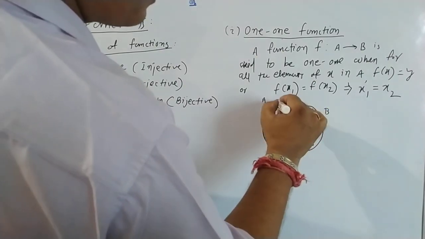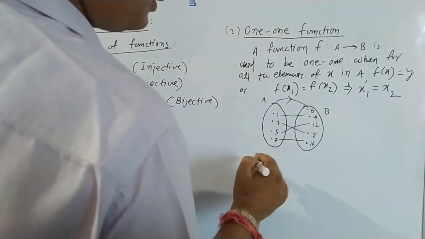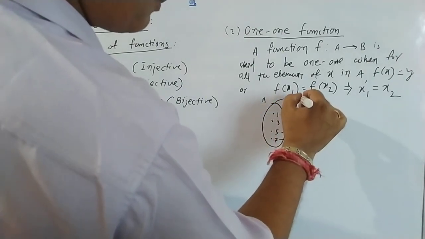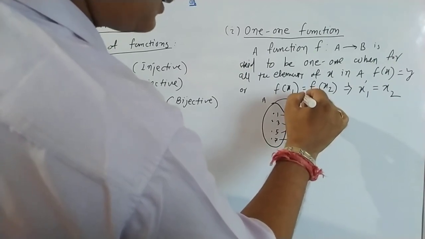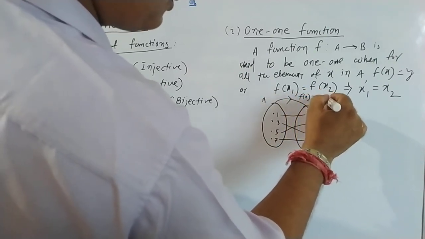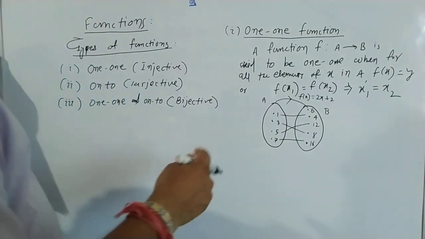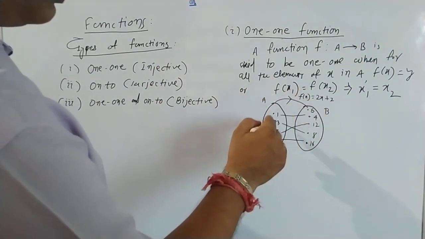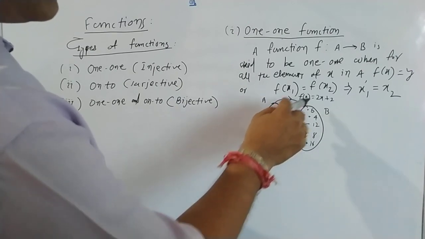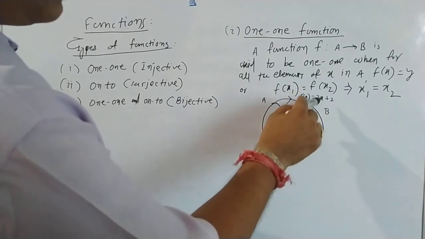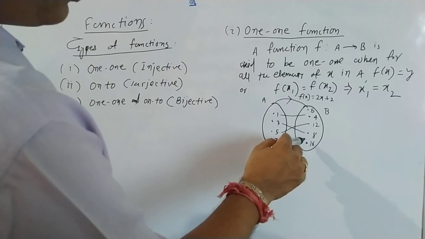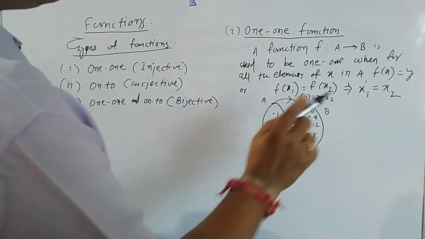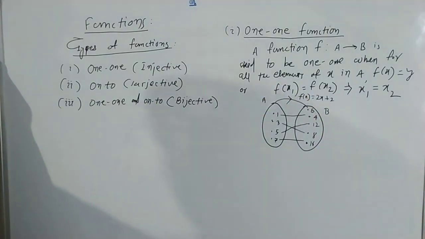A to B is defined as f of x is equal to 2x plus 2. So when x is 1, it is 2 plus 2, 4, and when x is 3 it is 8, when x is 5 it is 12, and when x is 7 it is 16.